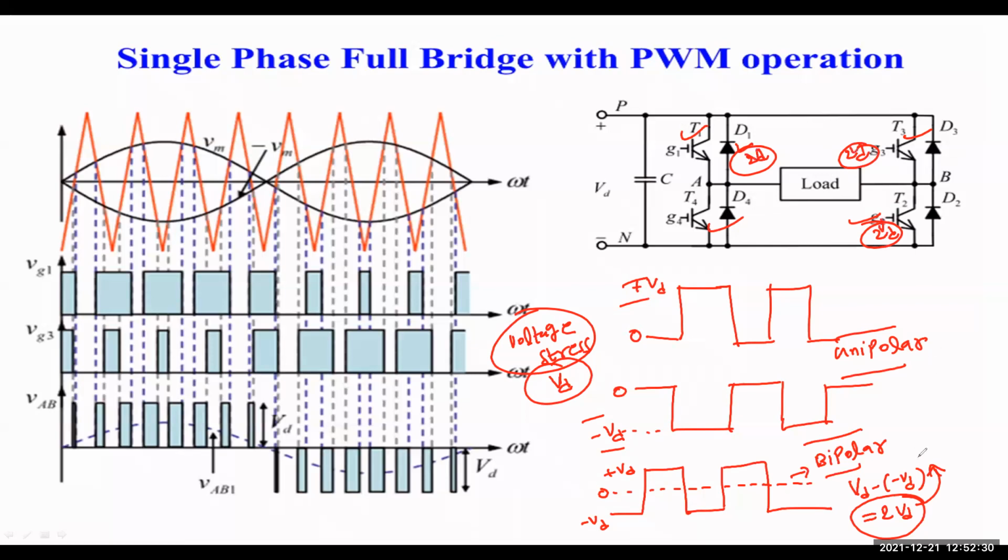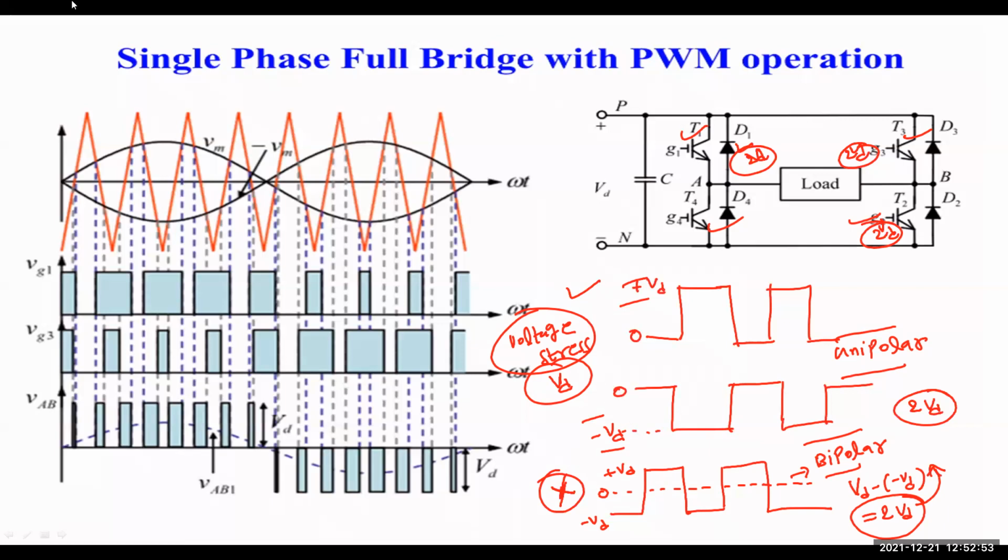Two times the voltage can be applied across these devices. That is a high voltage stress on the devices, so this is one of the drawbacks of bipolar switching. That's why unipolar is recommended. Unipolar is best recommended compared to bipolar pulse width modulation techniques.